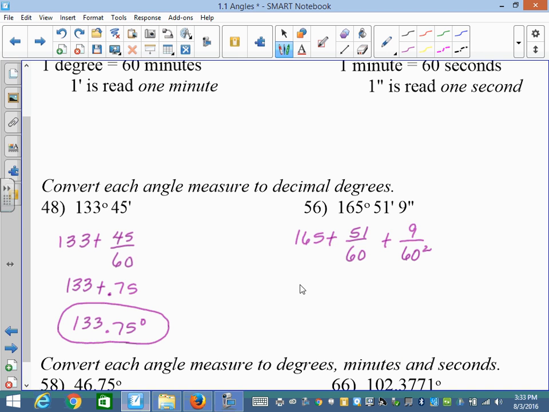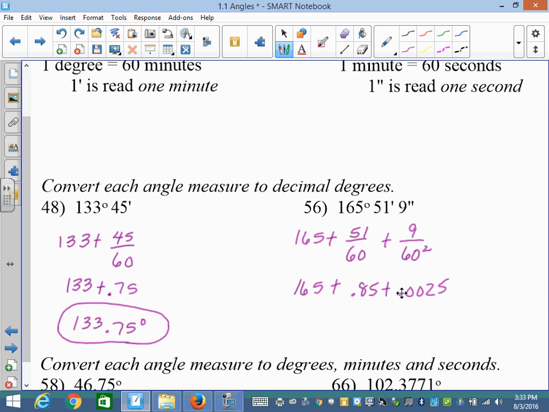Okay, so you would have gotten 165 plus 51 out of 60 is 0.85 plus 9 out of 60 squared gives you 0.0025.